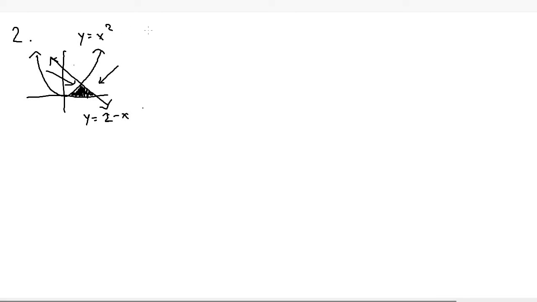First, let's start with y equals x squared. I can just square root both sides, and I get the square root of y equals x. And for y equals 2 minus x, I can subtract 2, so y minus 2 equals negative x, and I can divide by negative 1. So we get x equals 2 minus y.